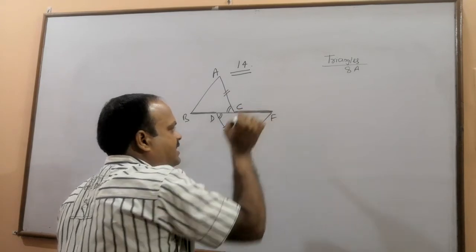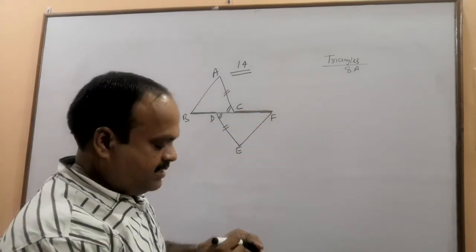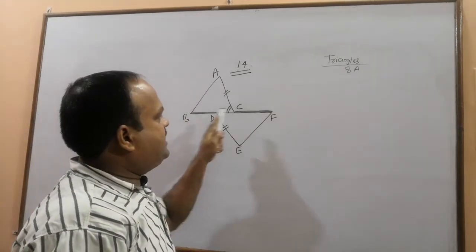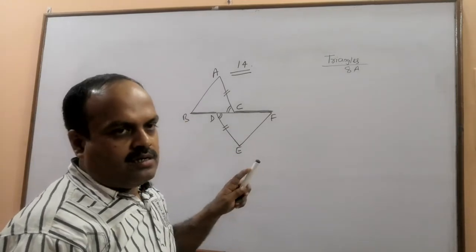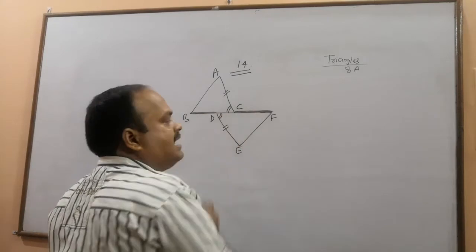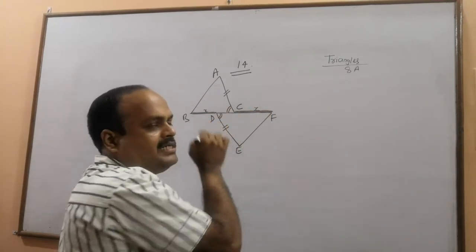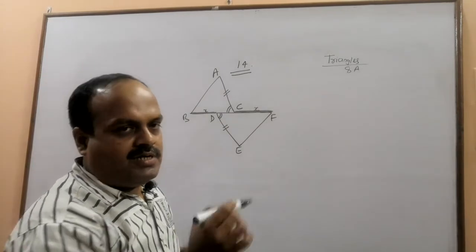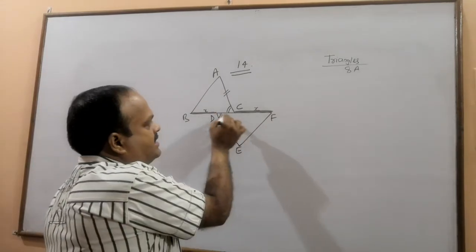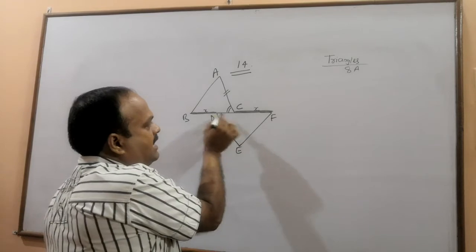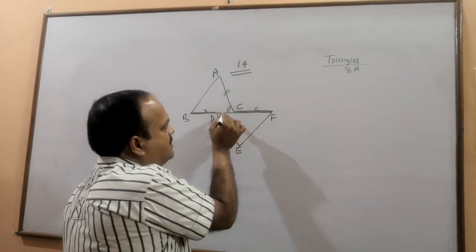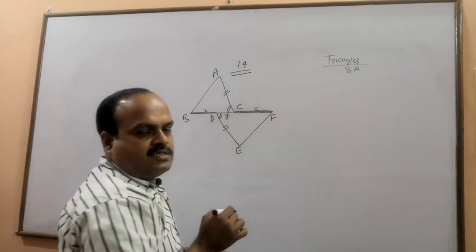Please see what I am doing. These BD and CF are equal, so I consider their length as x and write in the diagram itself x unit, and the length of DC I mark with y unit.